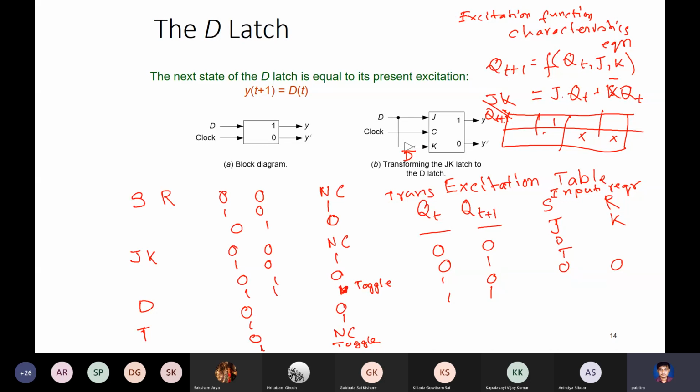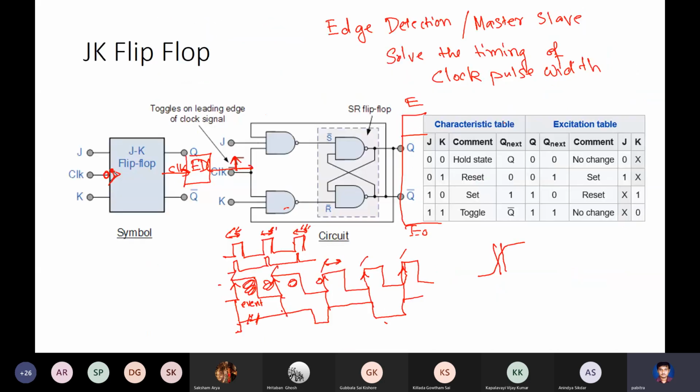So in any of these circuits, if you go through the entries of these Q, J, K values, the excitation function, you will be able to find out what Q is, just by the logic of the circuit. The key point is, whenever you are analyzing, suppose I give you some latch or something like this with some input, you basically do the same thing that you did in a truth table.